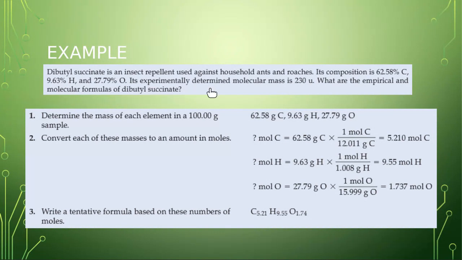The experimentally determined molecular mass is 230 u, that means this is the molar mass, we can say molecular mass. What are the empirical formula and molecular formula of dibutyl succinate?